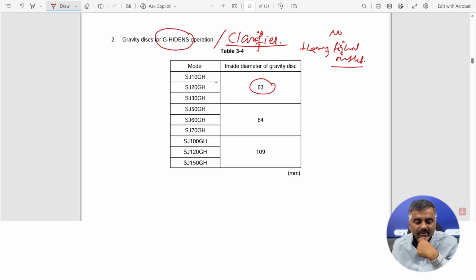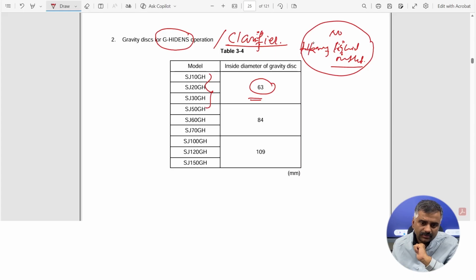So there is no need to change the gravity disk for different oil viscosity. That is one advantage of this principle. Only one gravity disk for a set size is given by the maker, comes installed with the device, and does not need to be changed upon a change in viscosity, because there is no heavy liquid outlet.